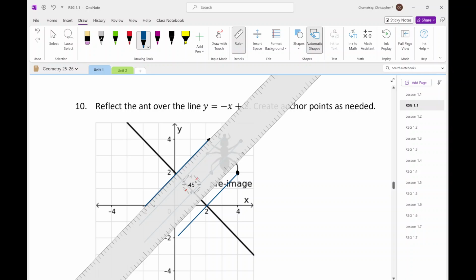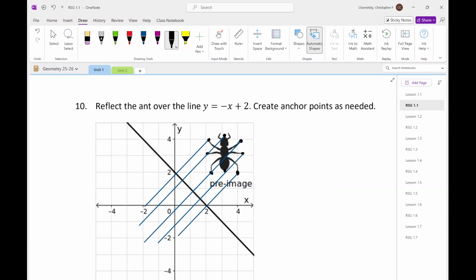Okay, so now I have a lot of where those anchor points are going to go. There. Okay, I think I have enough.